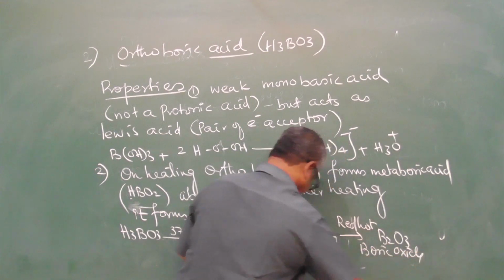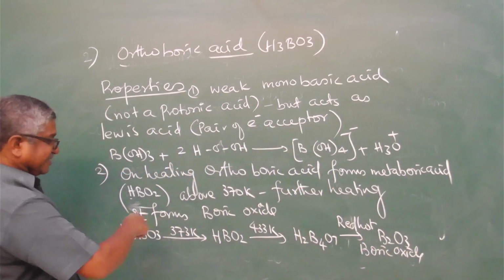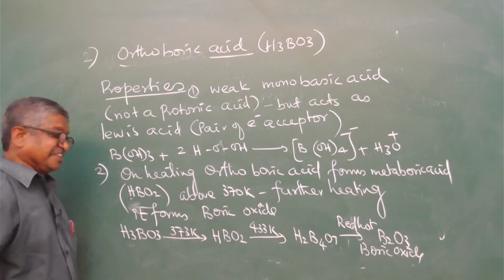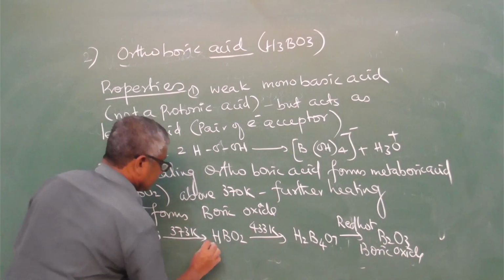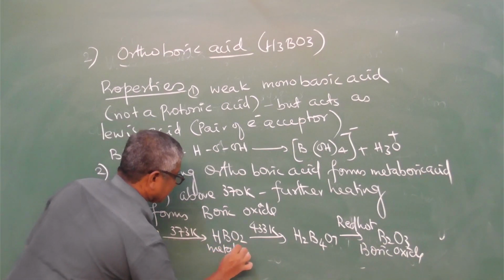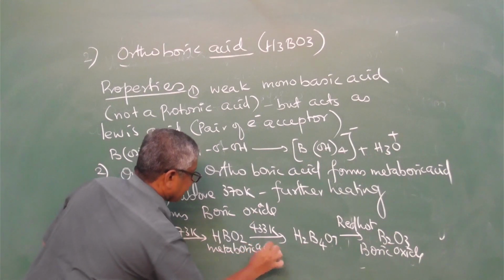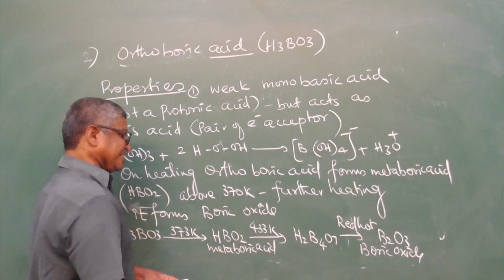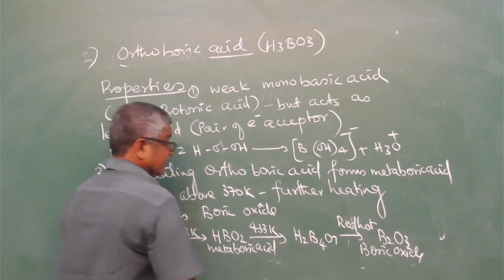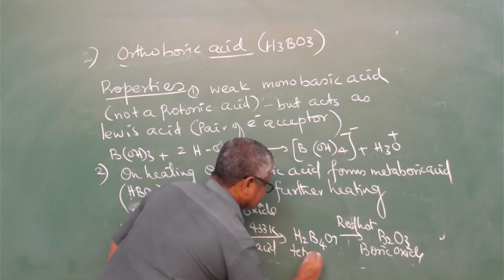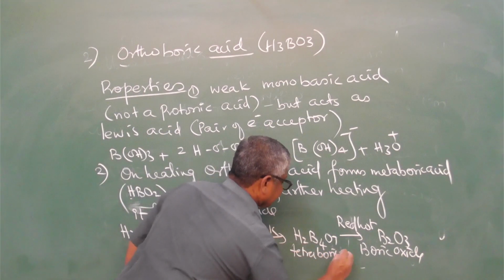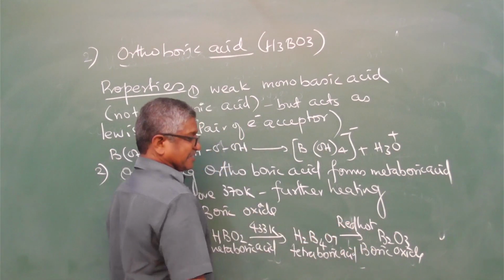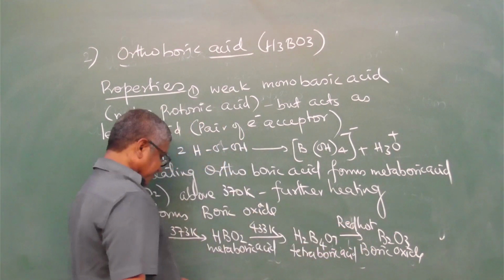So boric acid on heating at 373 Kelvin produces metaboric acid. Metaboric acid on further heating at 433 Kelvin gives tetraboric acid. Tetraboric acid on red hot heating gives boric oxide.